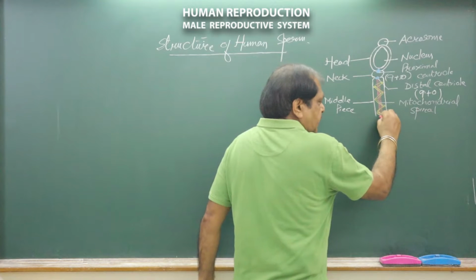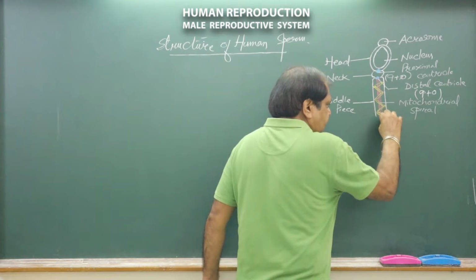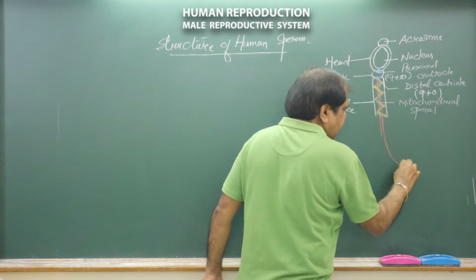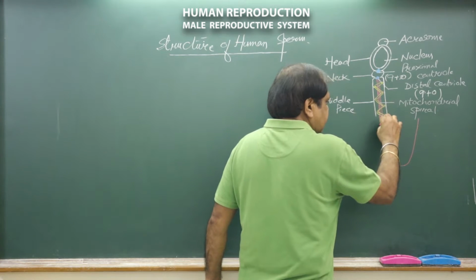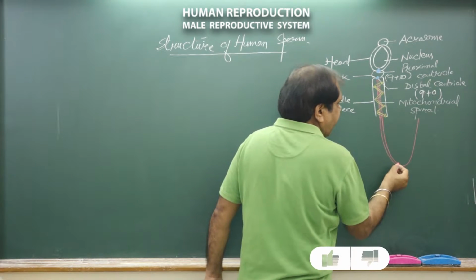Then this axial filament continues in the tail region, like this. Tail is very long as compared to the head.